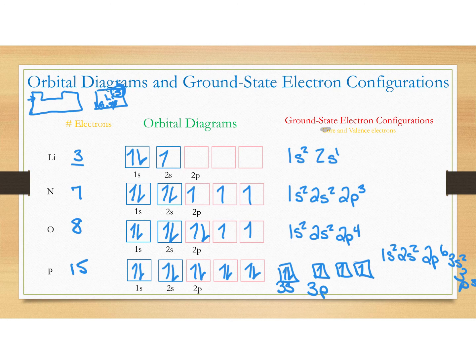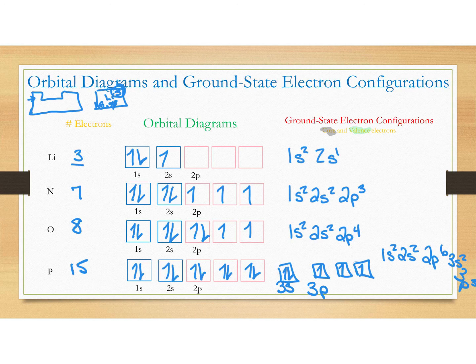Which are my core electrons and which ones are my valence electrons? By definition, my valence electrons are the electrons in the outermost energy level, meaning the outermost quantum level. So let's look at lithium.